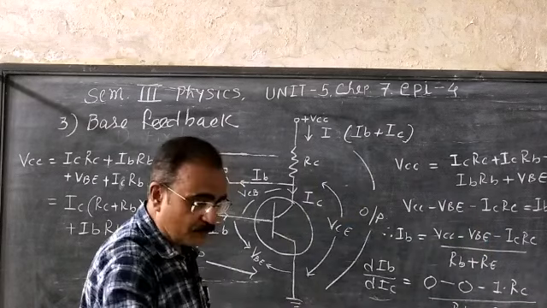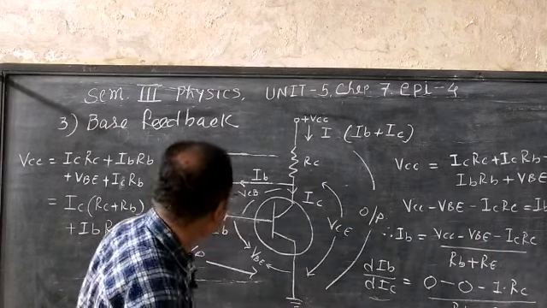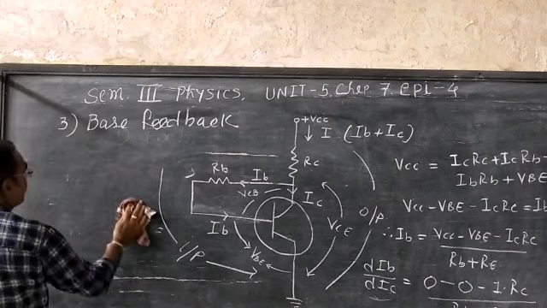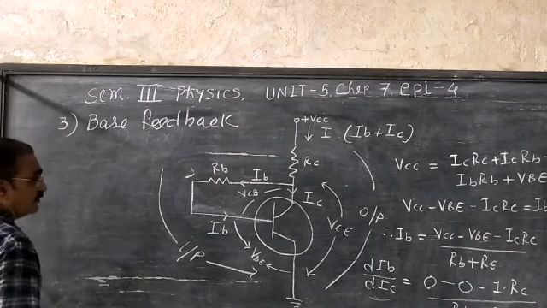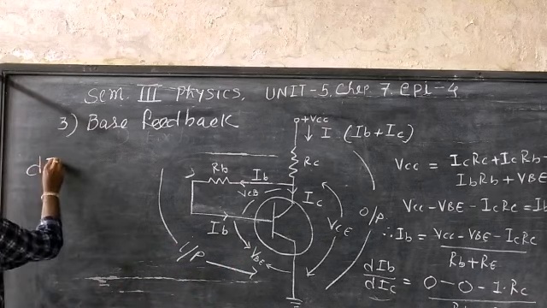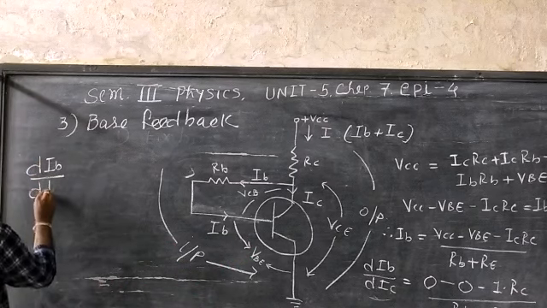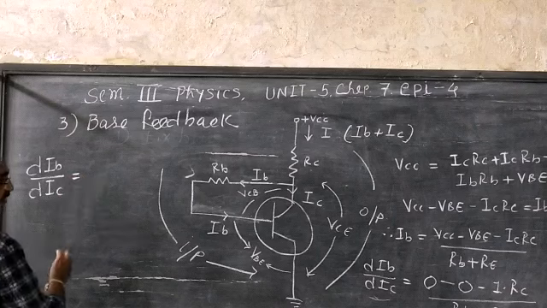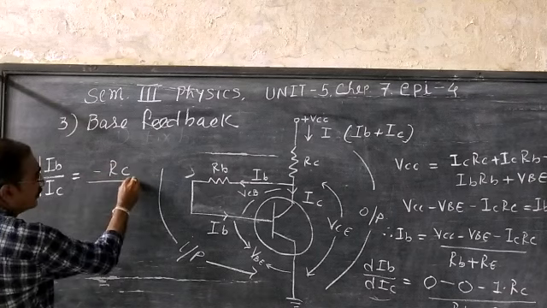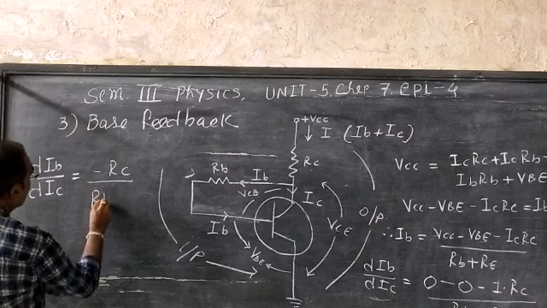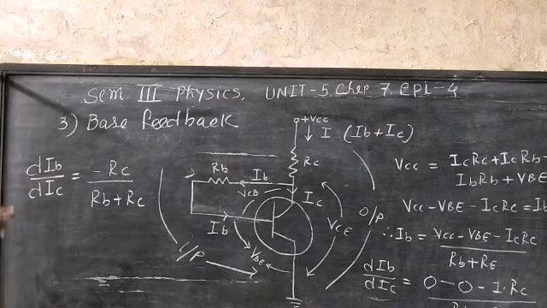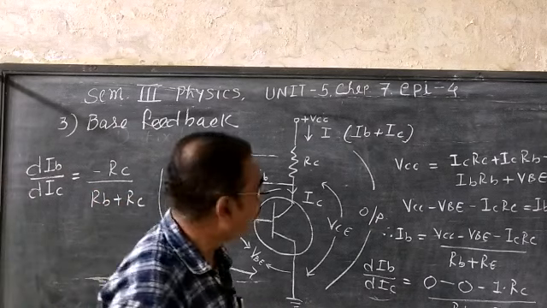Now our job is to examine this circuit under the stability factor. So this value DIB upon DIC is equal to minus RC upon RB plus RC. Let us put this value in the stability equation.